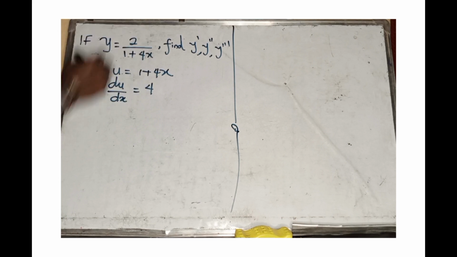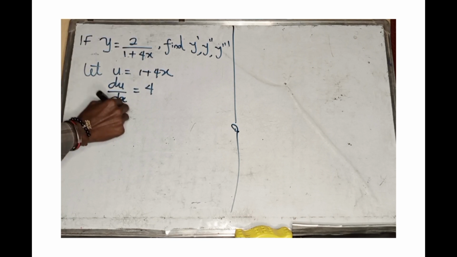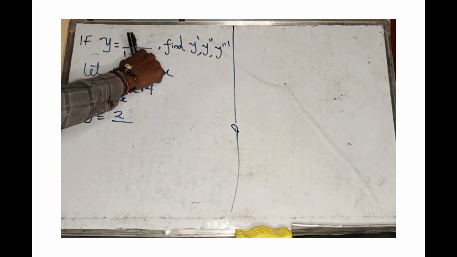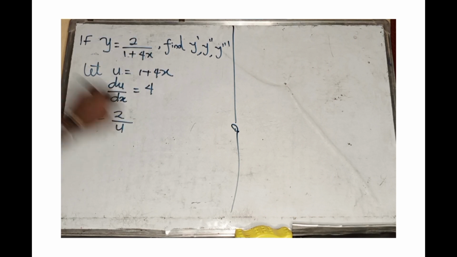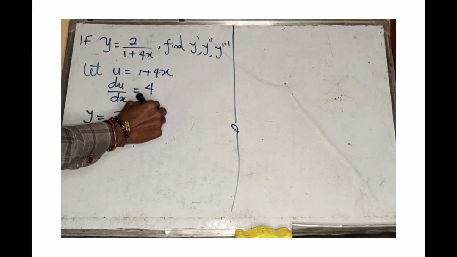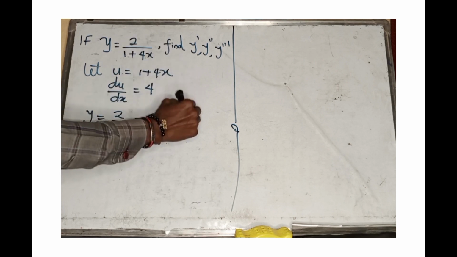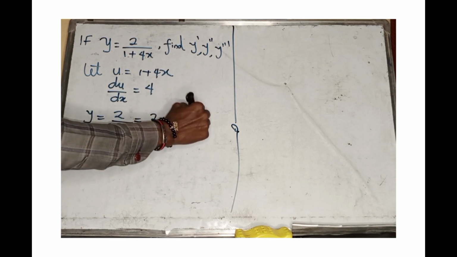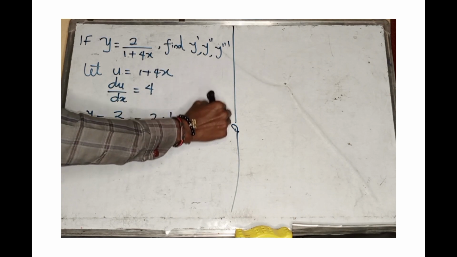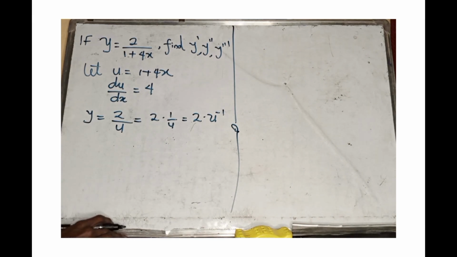Okay. Next, I now have y is equal to 2 over, remember, I have made this my u, right? 2 over u. Which can still be written as 2 times 1 over u. This is still the same thing as 2 times u power minus 1, by law of indices.